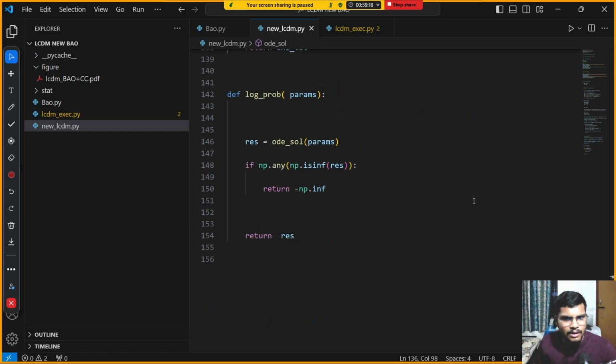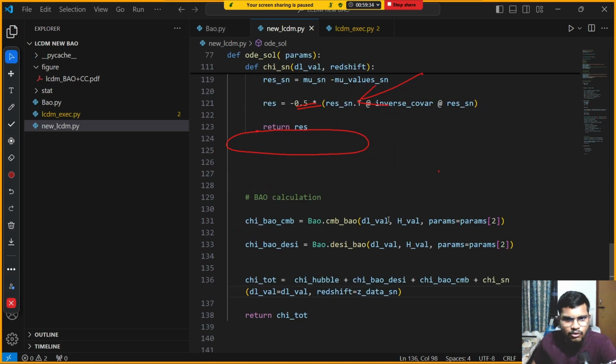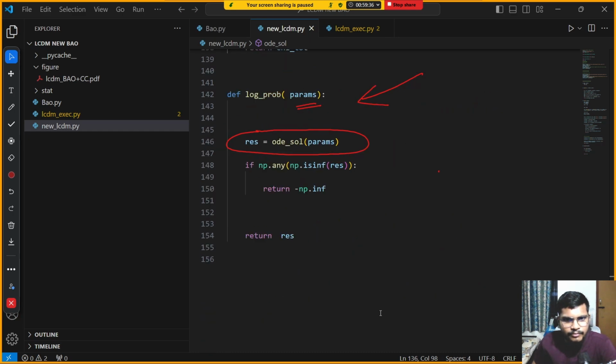So chi total is done. Now over here I am defining another important block, the log probability, with parameters. When everything is computed, ODE is basically returning your chi total. So result is equal to the ODE solution, with everything done, and then the imported result.